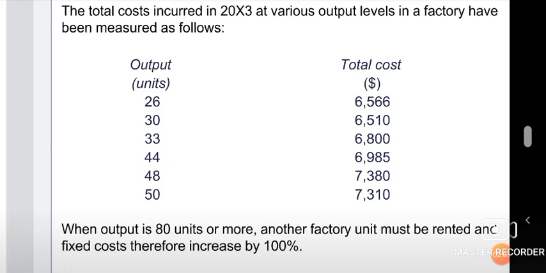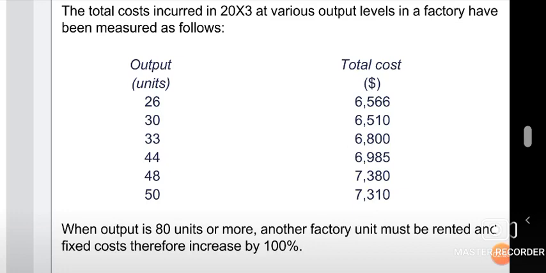To understand all this, looking at the information on the screen, the highest units are 50, right? And then what cost is at that highest unit? So basically the units will determine which cost you will go for. The whole point is that you first determine your high and low units, and from there they will help you determine the high cost and low cost. So the higher units were 50, meaning in that formula for variable cost where there is a high cost, which high cost do you put?